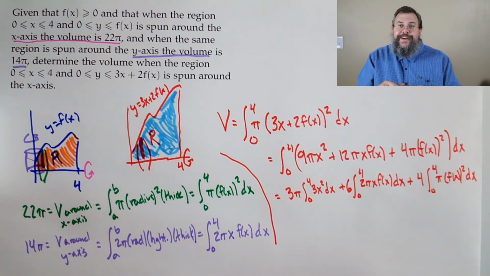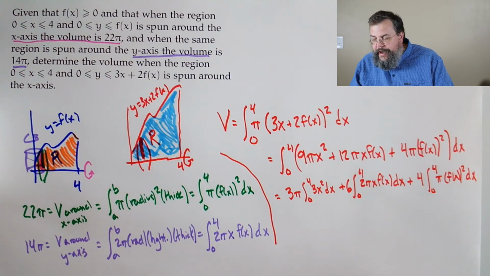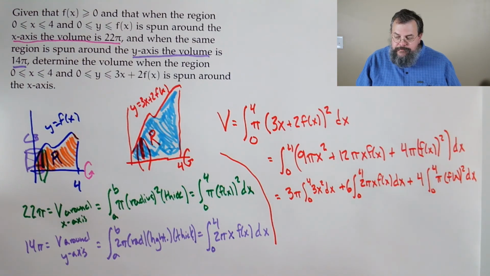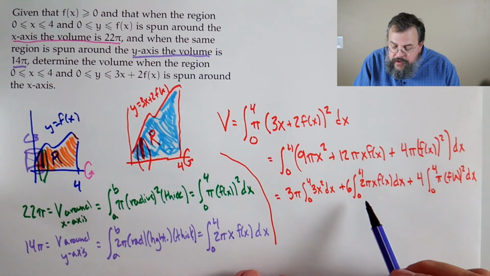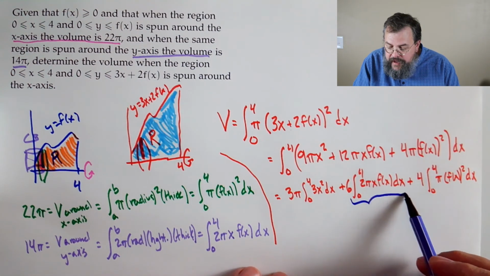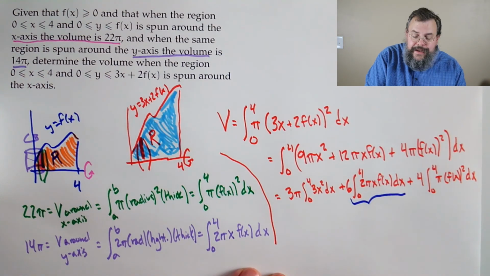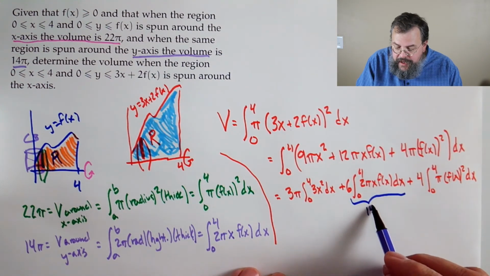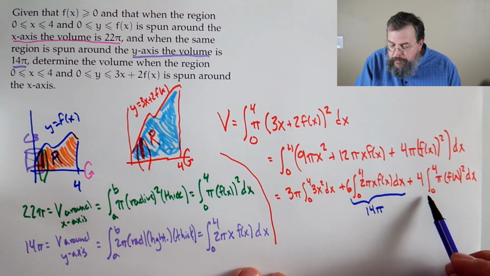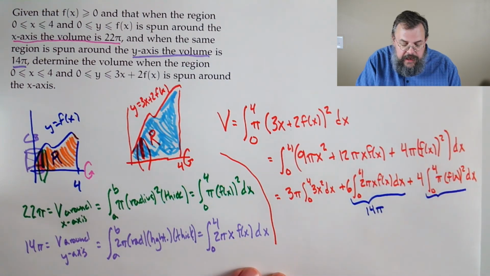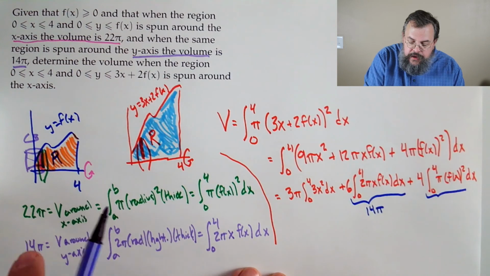All right, now what do we have? Well, we have the following. The integral of 2 pi x f of x dx becomes 14 pi. Okay, so that's 14 pi. The integral of pi f of x squared dx becomes 22 pi.